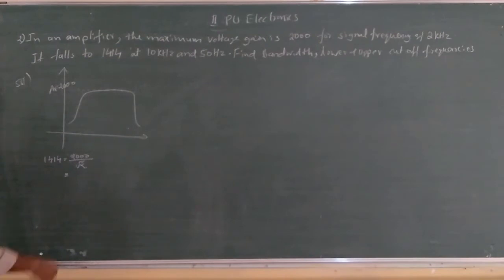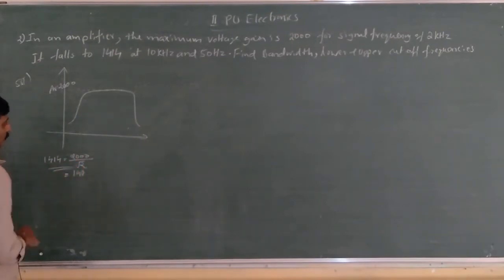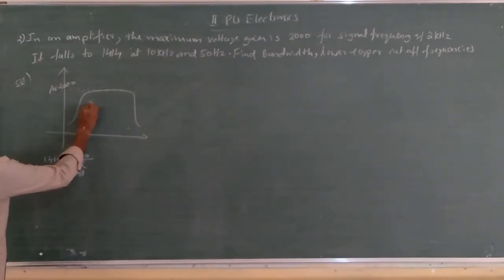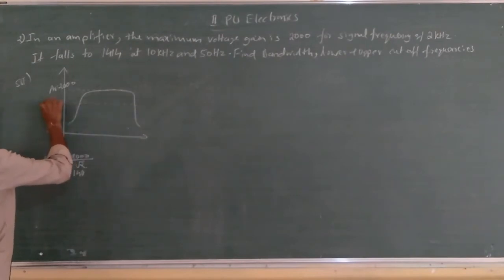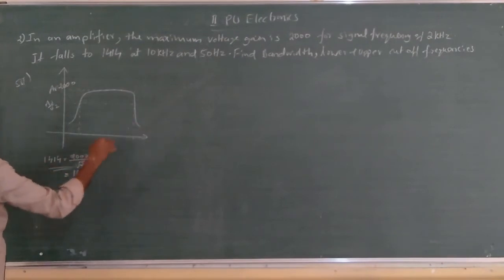Let us check here. Yes, it is 0.707 into 2000. It is around 1414. Yes, this relation holds good. Therefore, this line is AV by root 2, at two frequencies.